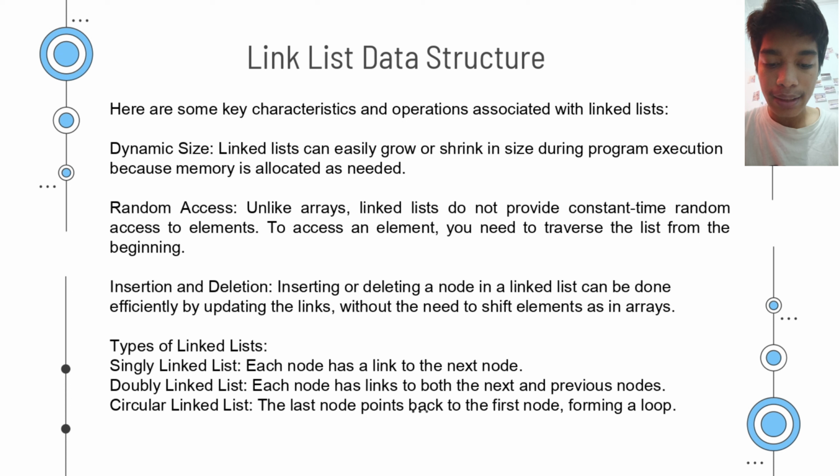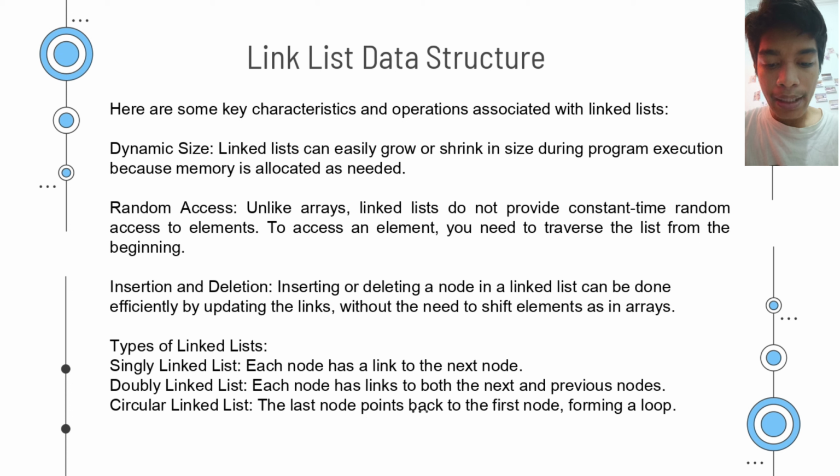Random access: unlike arrays, linked lists do not provide constant time random access to the elements. To access an element, you need to traverse the list from the beginning.